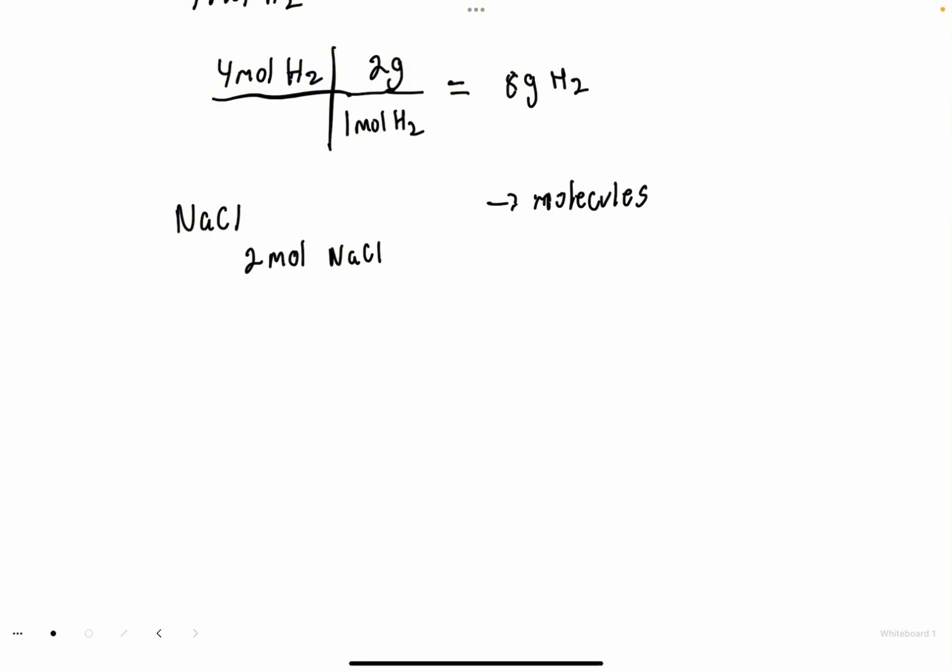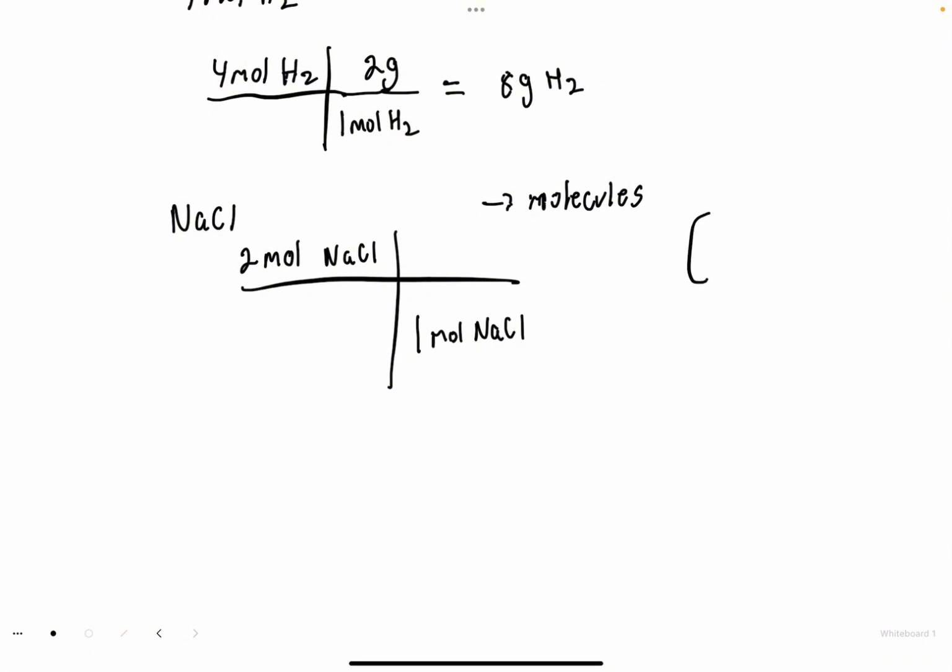So in this case, we want to get to molecules. 1 mole of NaCl. We need to calculate the molar mass of NaCl. So Na is roughly 22.99, so that would just be around 23.